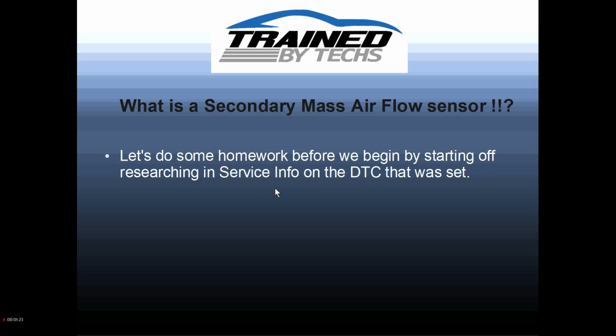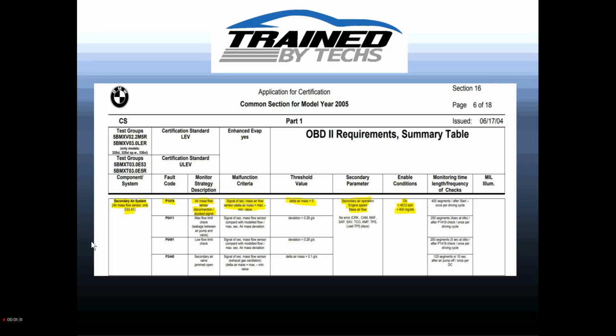So let's do some homework before we begin by starting off researching in service information on the DTC that was set. I find here that this says secondary air system air mass flow sensor. Okay, so now that I see secondary air, I'm more focused on the air injection system. That makes more sense to me. The monitor strategy says that the air mass flow sensor is disconnected or the signal is stuck.